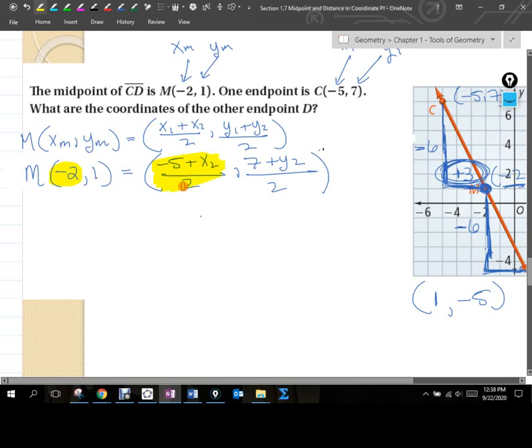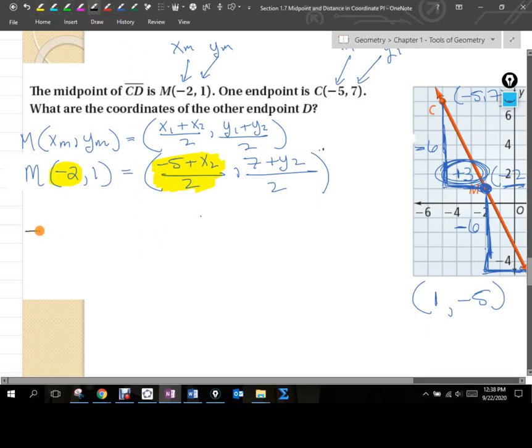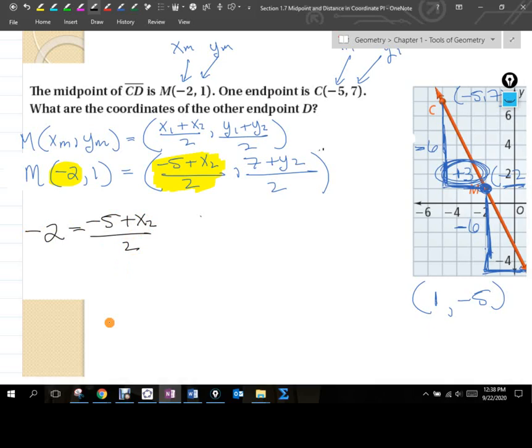This is another interpretation of my x-coordinate of my midpoint. They should be the same. Does that make sense? If they're the same, I should be able to write this. Is everybody kind of on the same page with that? Those two values, even though one is an algebraic expression, they should be identical. So I set them equal, and I should then be able to solve that.